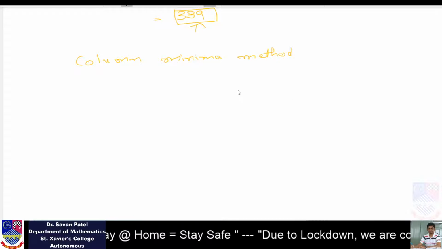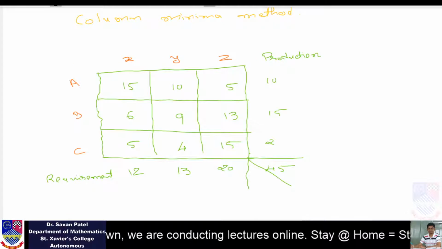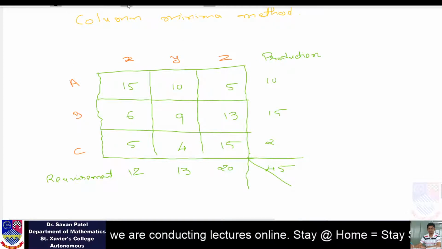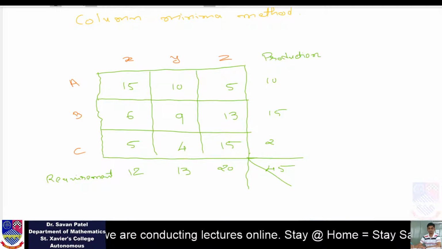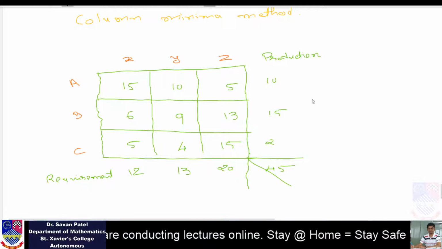So here is the same table, I have copied it. Now, instead of going towards the row minimum, we will start with the column minimum.